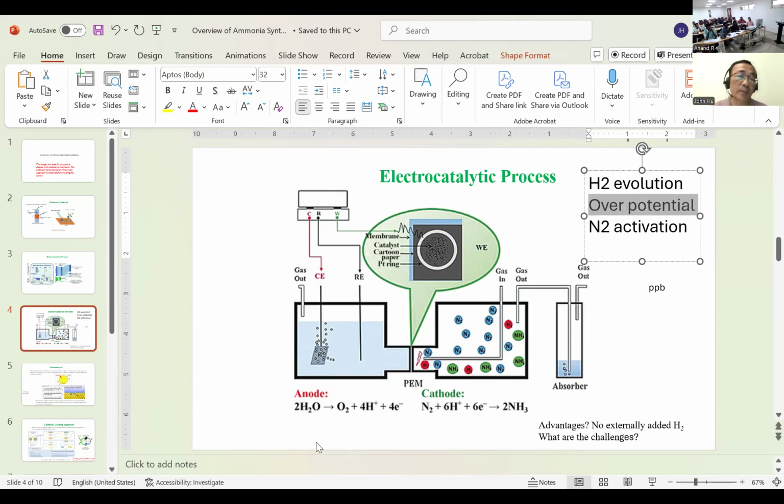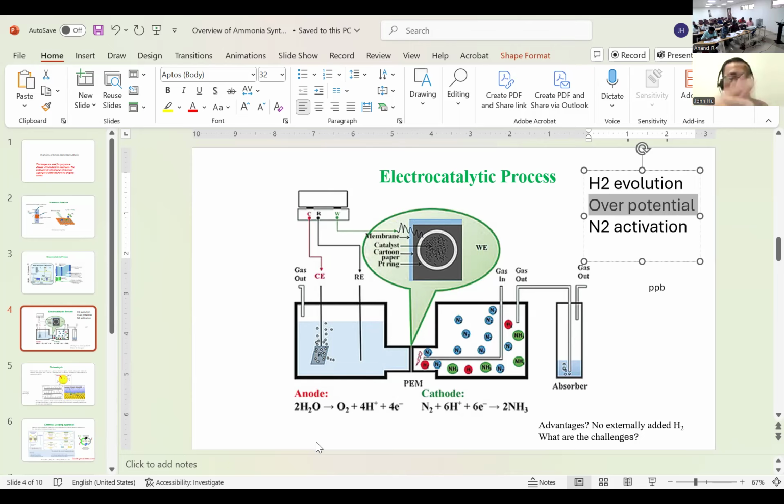Overpotential means you put a high voltage on the electrochemical cell, and then basically inhibit hydrogen formation. You can do that. It's called overpotential. That means you basically have the high voltage just to counter the hydrogen formation.